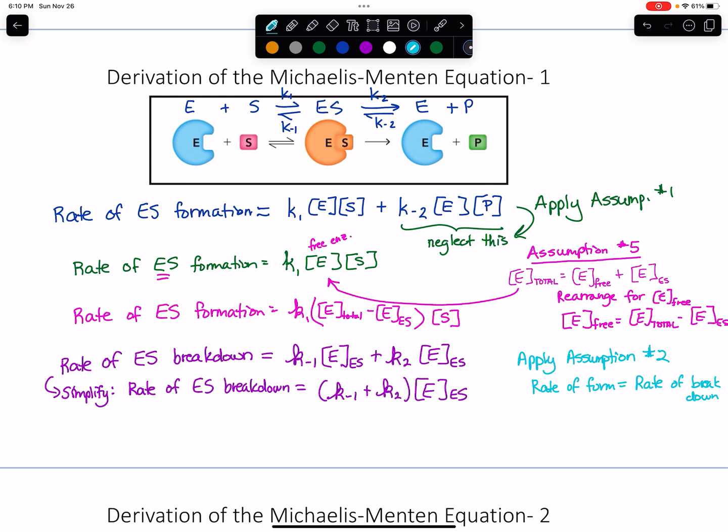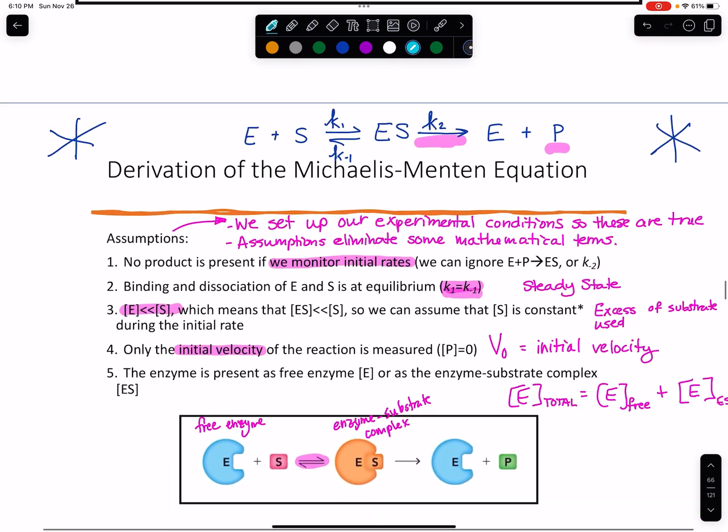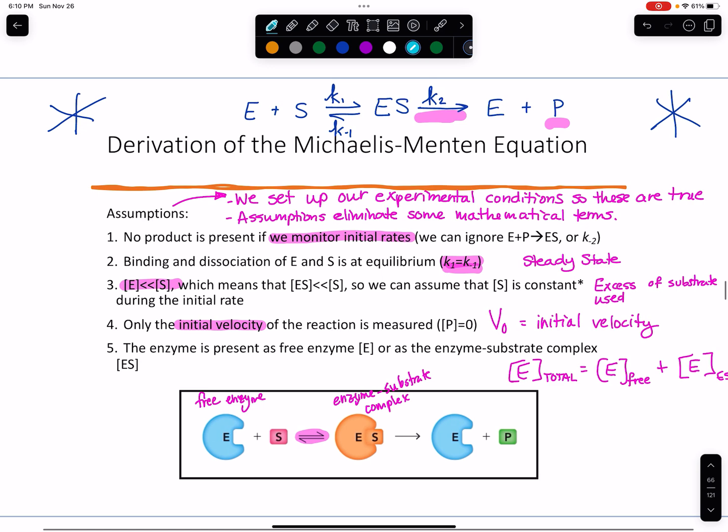And that is how we are going to combine these two things. So let's go back. What was assumption number 2? It's that we're at the steady state. And again, the reason that we can do this is because we're going to do our experiment where that is true.